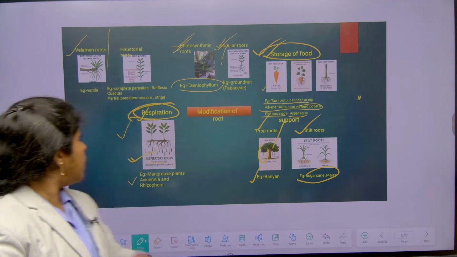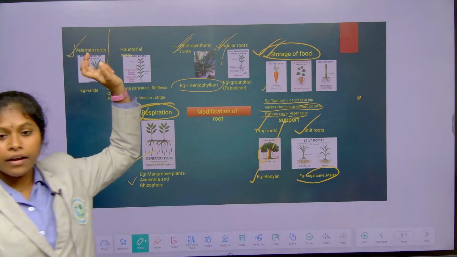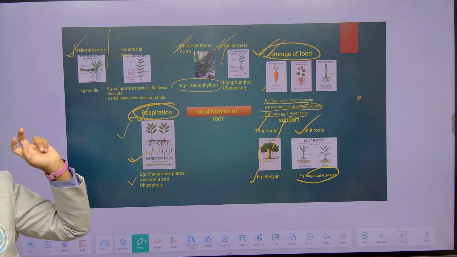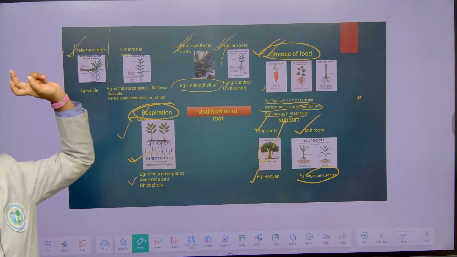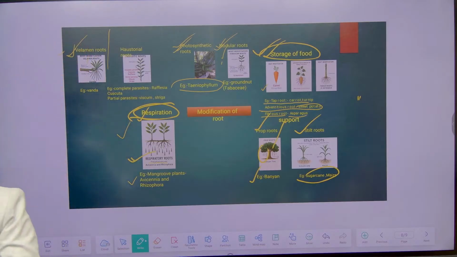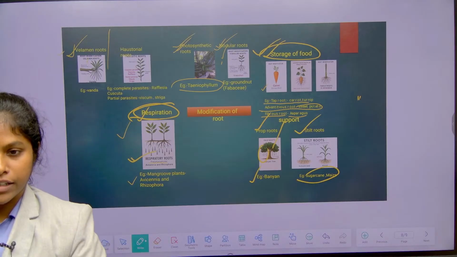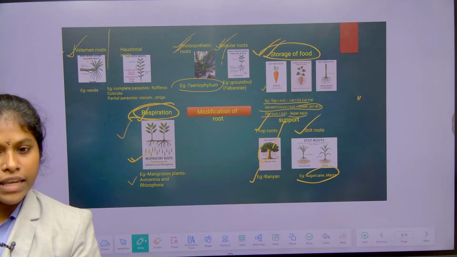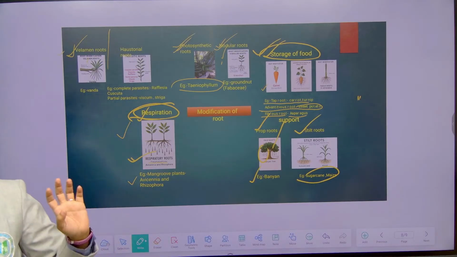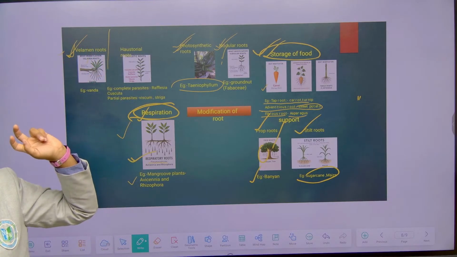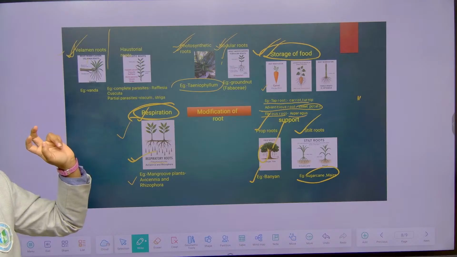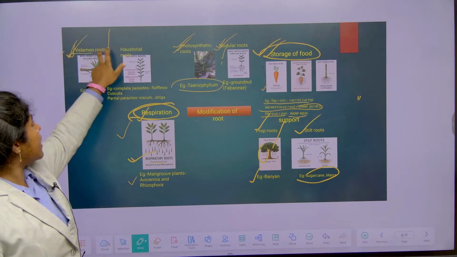Those roots are called epiphytic roots. Epiphytic roots are also called Wellman roots. Okay. So they are depending on other plants but not getting any benefit, and they are not losing any of their identity. The plants which grow on other plants are called epiphytes. Those are also called Wellman roots.